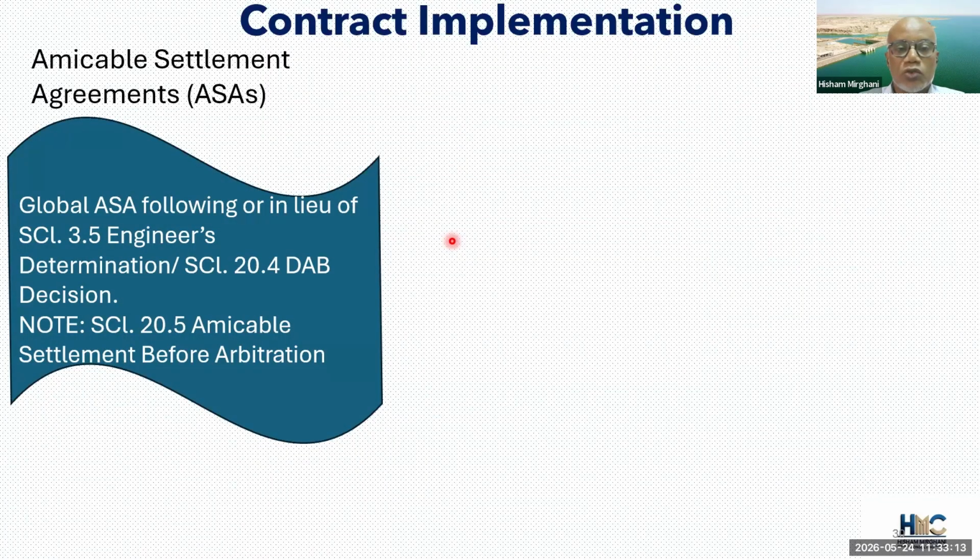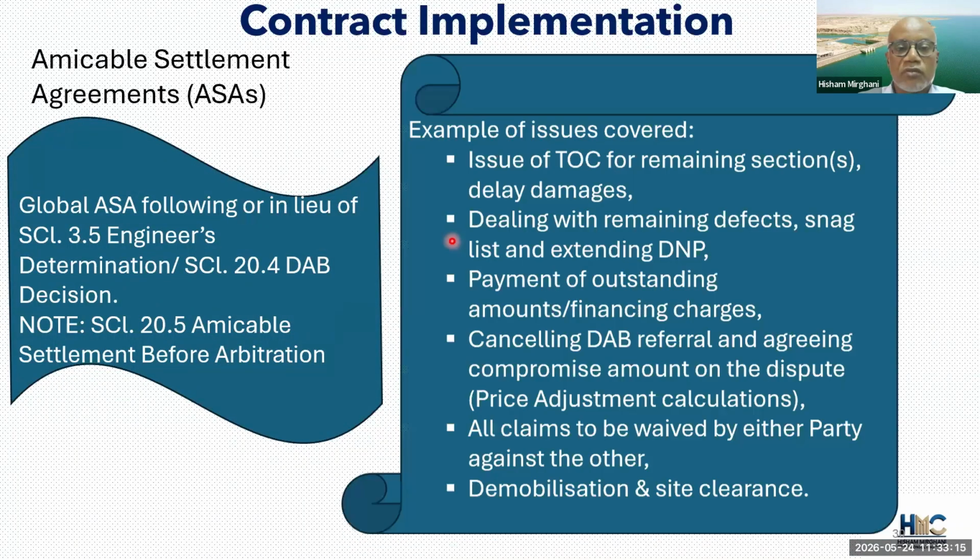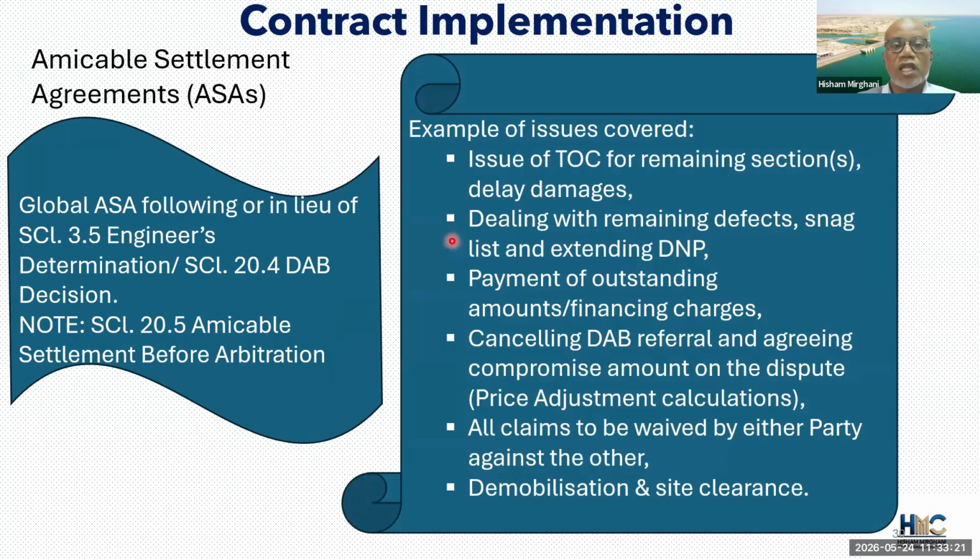What we used to promote was not just agreement on individual specific issues, but global agreement of all issues in the contract in one package, in one amicable settlement agreement. Normally, this would be towards the end of the contract, where there are various issues.